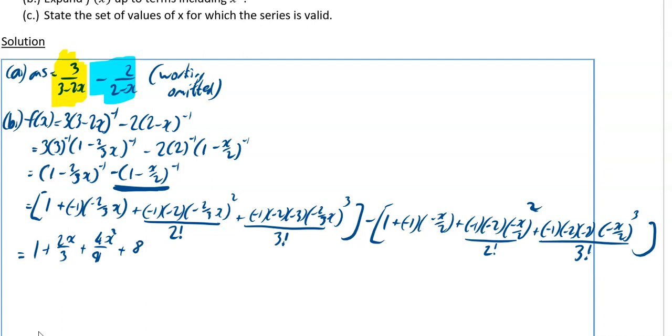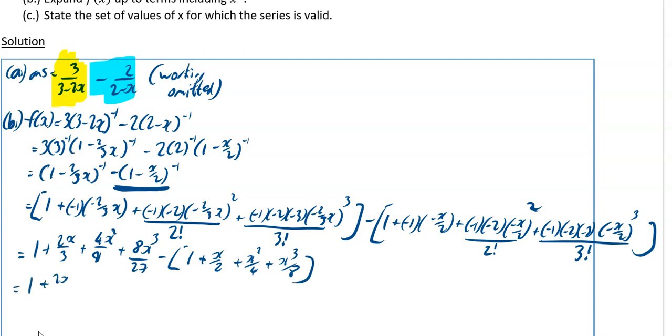Then plus 8x cubed over 27. And then over here, you're going to have minus, and I'll put that in the square bracket still. I haven't tidied it up just yet. That's going to be 1 plus x over 2 plus x squared over 4 plus x cubed over 8. And then we'll get rid of that second bracket.